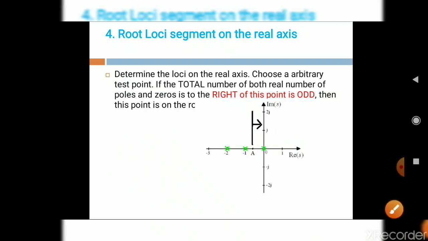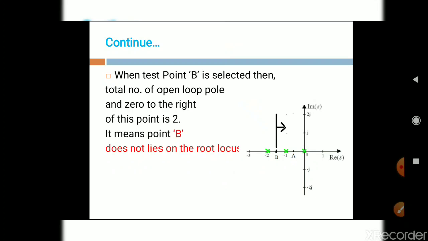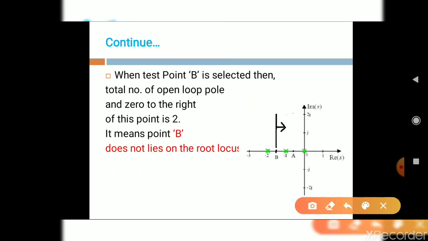Okay, now second, we will check another point. I am considering a point B which is present between -1 and -2. That may be anywhere: -1.2, -1.4, -1.6, -1.7, like this.